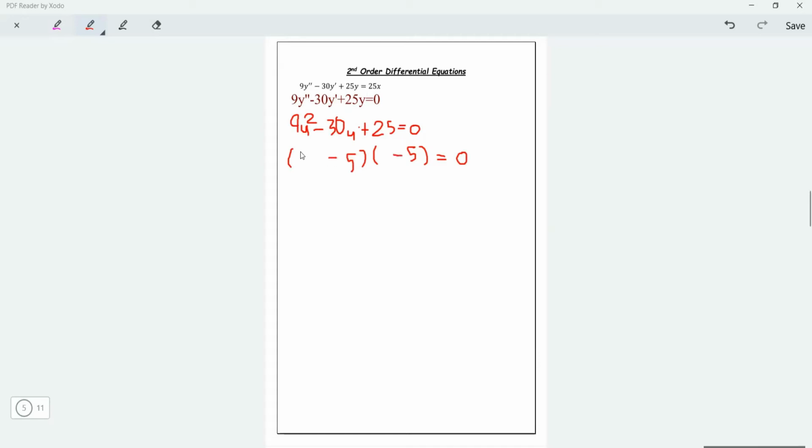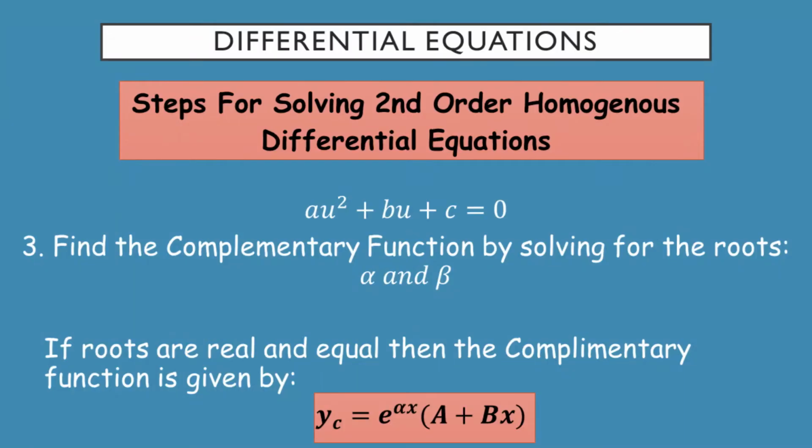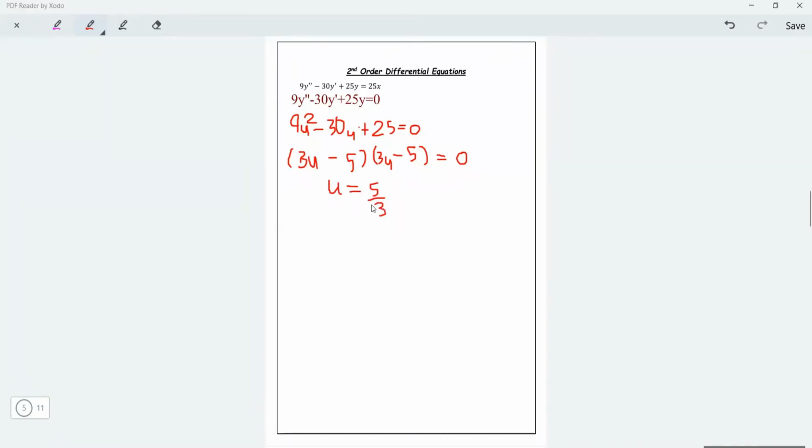So this looks like (3u minus 5) and also (3u minus 5). So what we end up getting is u is equal to 5 over 3, repeated.